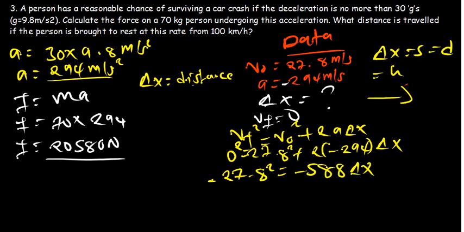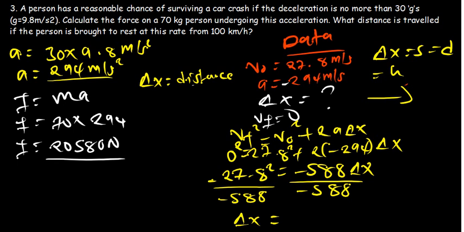Let's divide both sides by negative 588. We are going to find that our change in x is going to be equal to, if we divide, that one is squared, so don't forget, I'm getting 1.31 meters. So that was our distance.